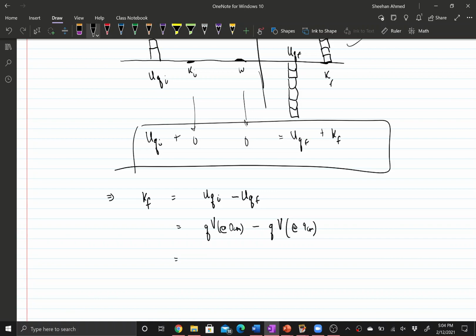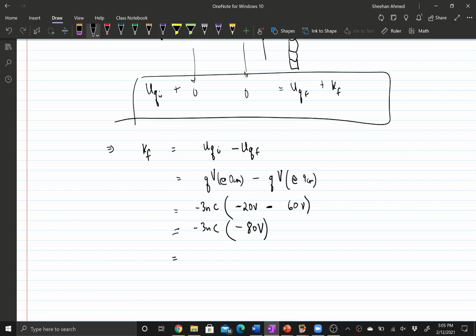So that's minus 3 nanocoulombs, and I have minus 20 volts and minus 60 volts. So I get minus 3 nanocoulombs times, what's minus 20 minus 60? Minus 80 volts.